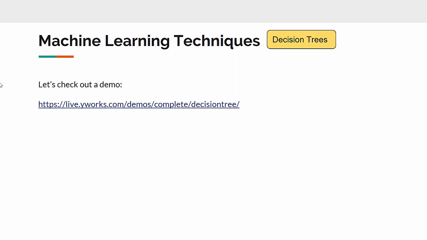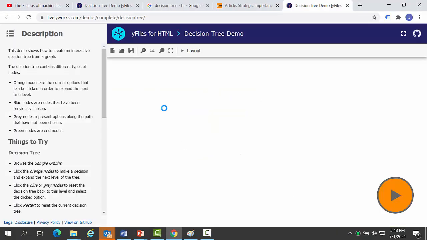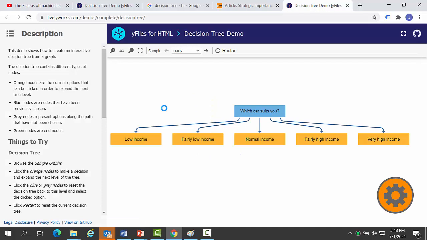Let's take a look at a demo for a decision tree. In this demo, we are trying to identify what kind of car is suitable for a particular individual. In this example, we first ask what kind of income this person earns.